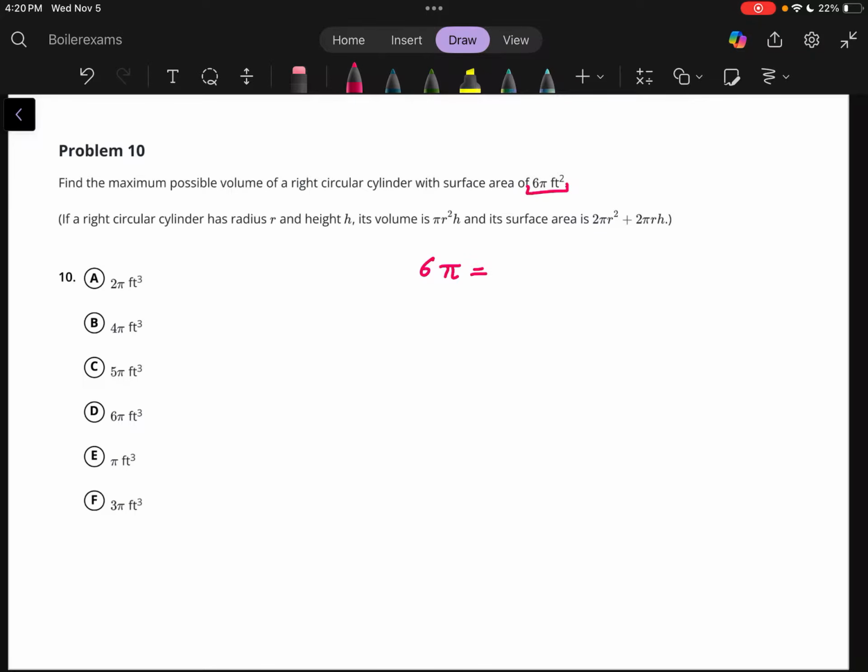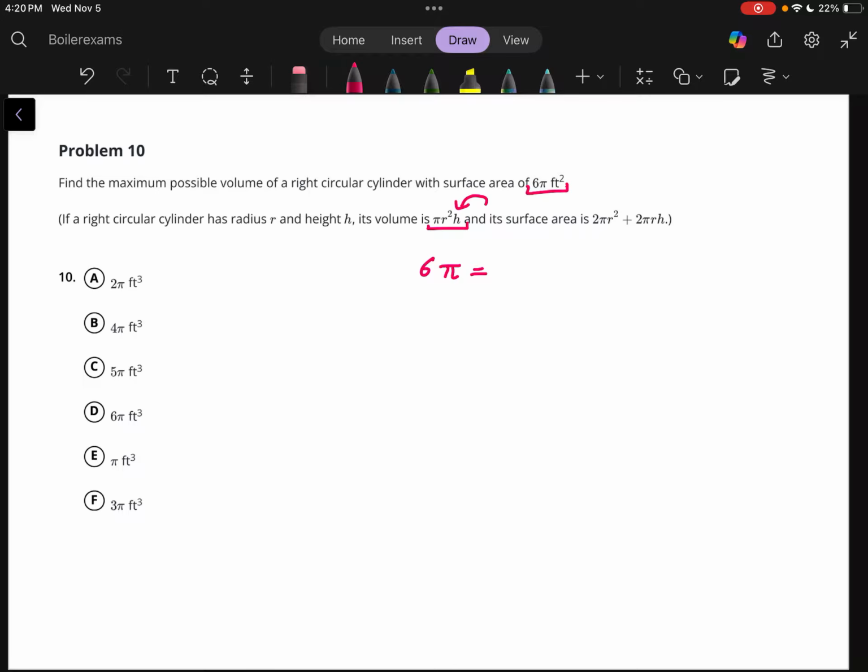Because what that's going to allow us to do is plug it back into our formula over here, and then we'll have a function of just one variable, and we can calculate the value that maximizes or minimizes that value.